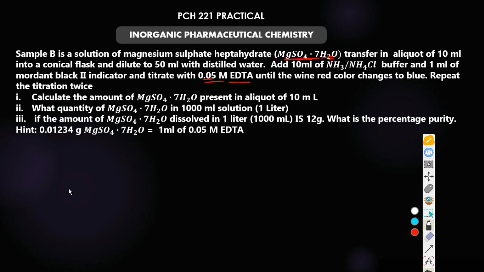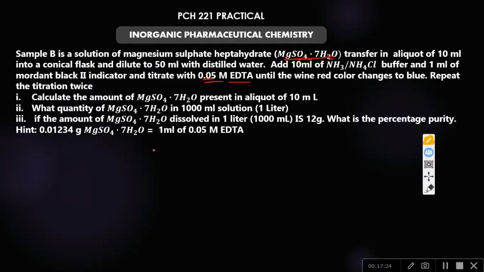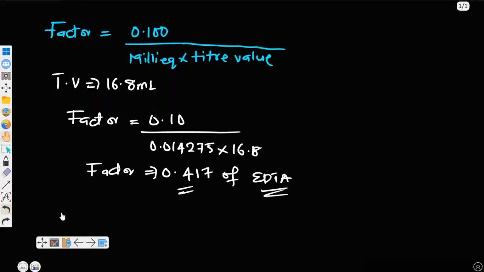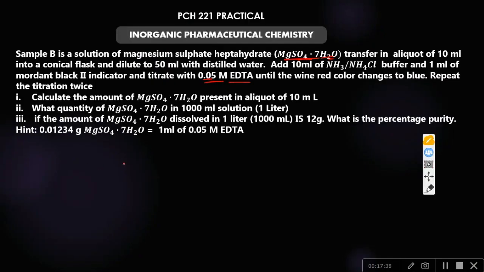Now we'll come back here and calculate. The question says calculate the amount of magnesium sulfate present in an aliquot of 10 mil. What is the formula for calculating the mass? When they say present in 10 mil, what they are asking you is how much of magnesium sulfate did you actually assay?